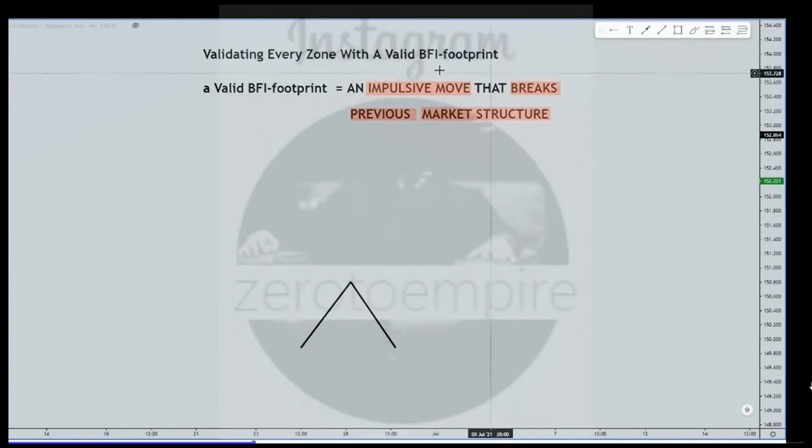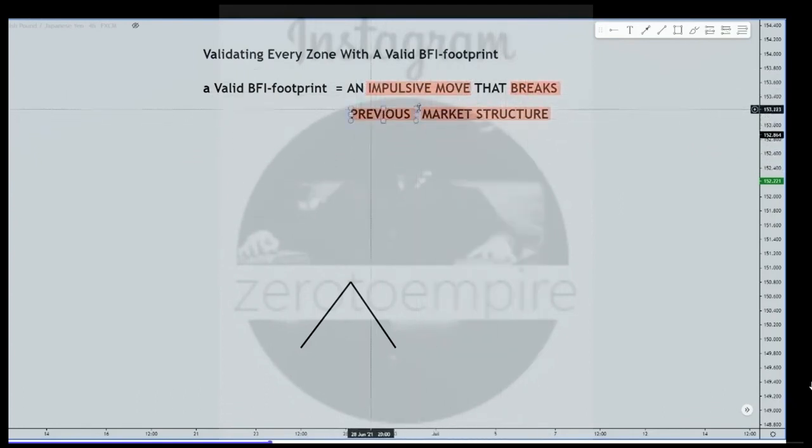Every single footprint is unique and different, and you have to be able to read the footprint from a neutral standpoint. Is it strong or is it weak? Are you against it or are you with it?